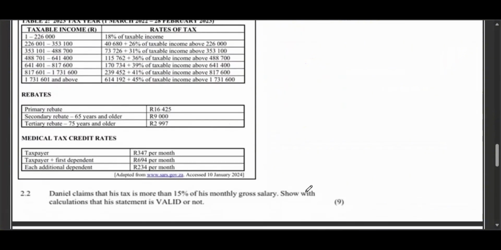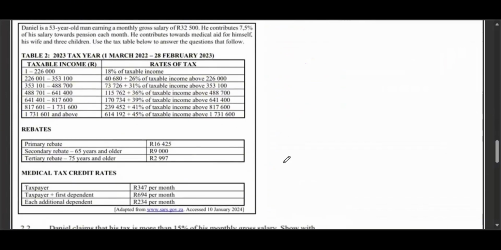9 marks. But what are we doing? It says, Daniel claims that his tax is more than 15% of his monthly gross salary. Show with calculations that his statement is valid. Number one, do we know his tax? We don't know his tax. That means we need to first look for his tax.